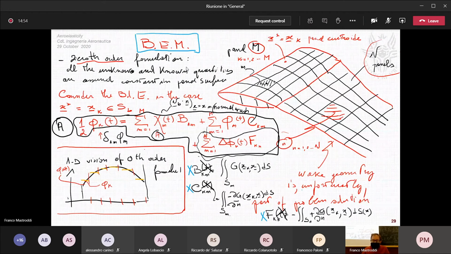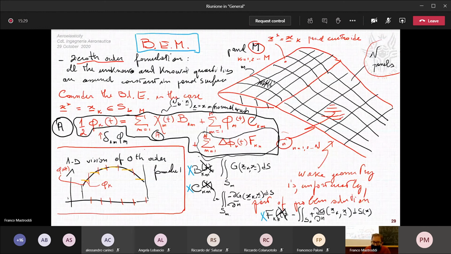For example, if you want to evaluate B, to be practical, so if you want to evaluate BKM, you have to fix the K point here. For example, you have fixed this point, and you have to fix an M panel, like here. So whenever you have fixed a point K and the panel M, you have BKM.